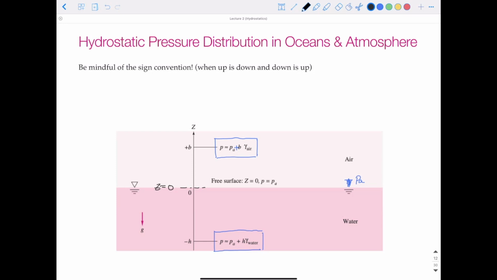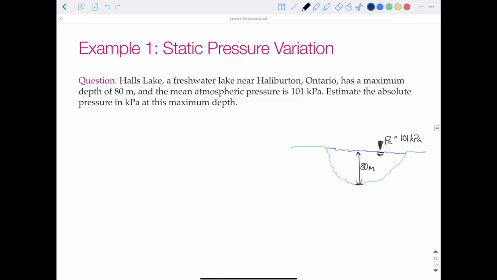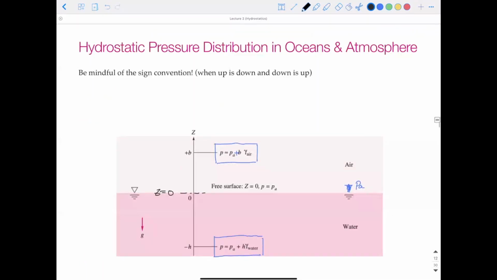But shouldn't you be subtracting the air pressure on the positive h? Yes, I think you're right. Whoops. Yeah, that is a minus sign. There.